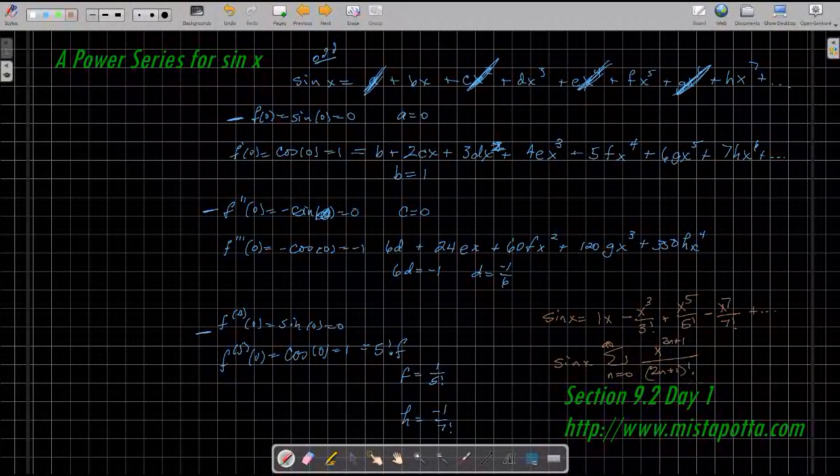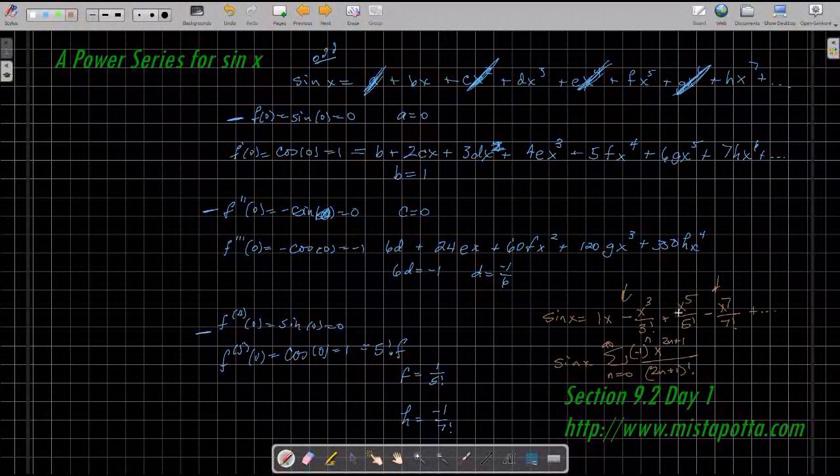But the only thing I haven't taken care of is the fact that this sign alternates. And the way I can do that is by taking negative 1 to the n. So if n is even, like here n is 0, here n is 1, here n is 2.